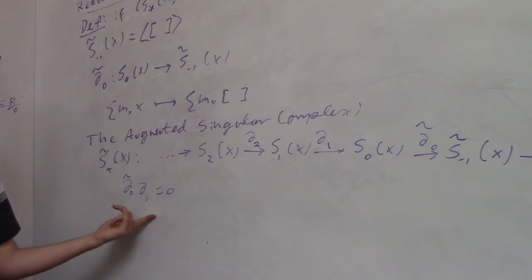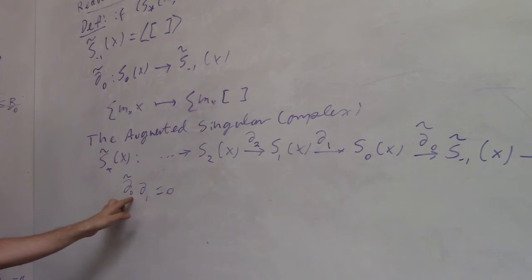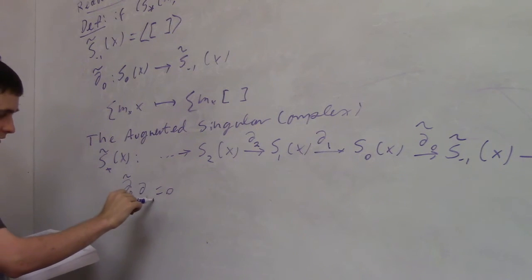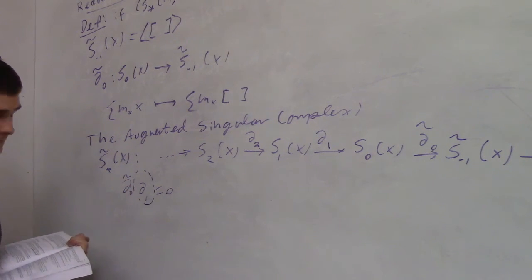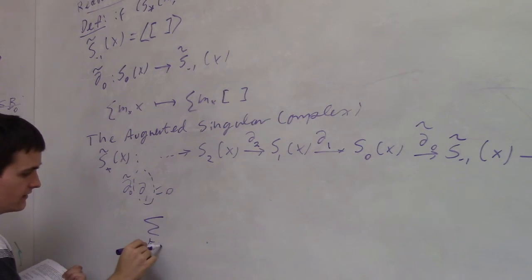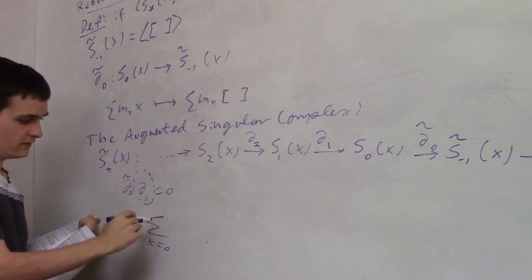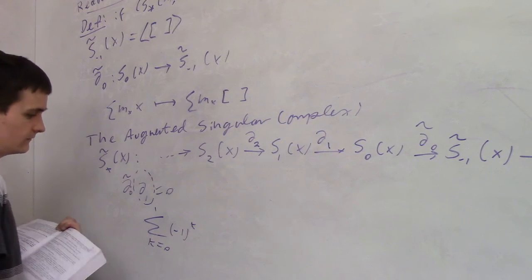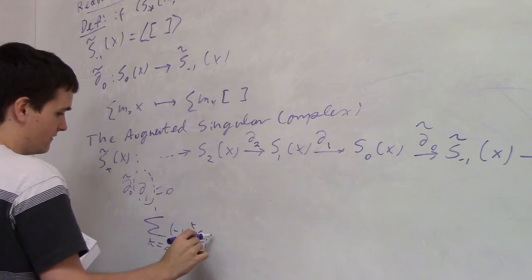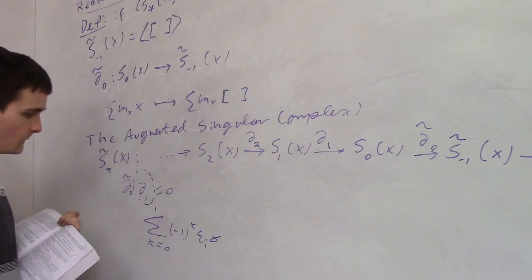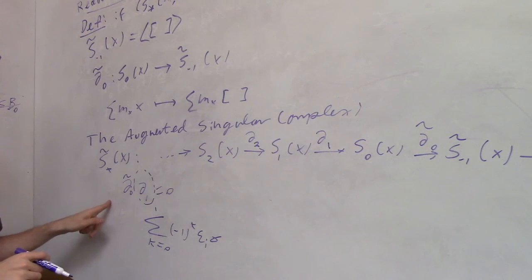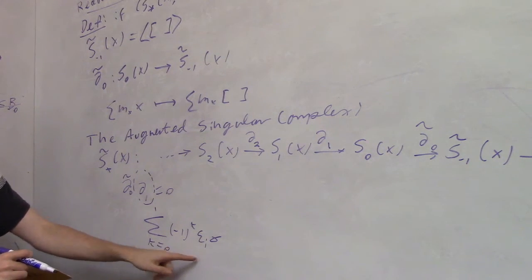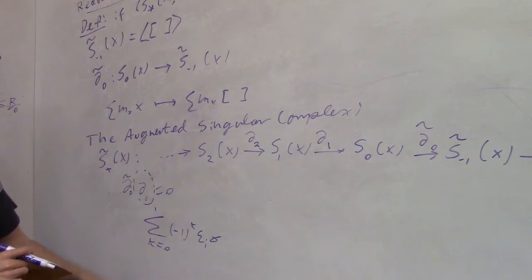So if you remember the definition of just the regular boundary map: the sum over k equals 0 to n, which here is 1, of negative 1 to the k times the k-th face map of sigma.